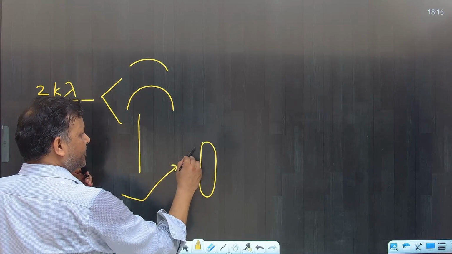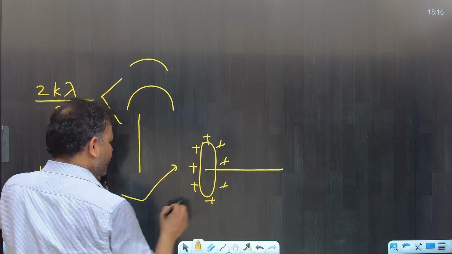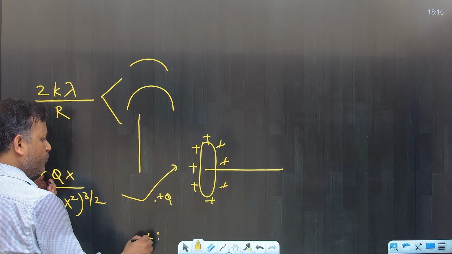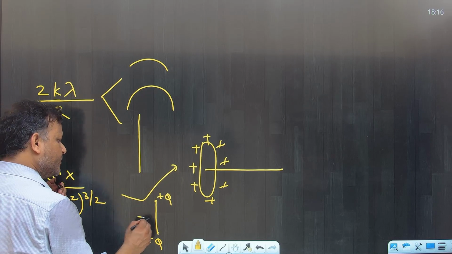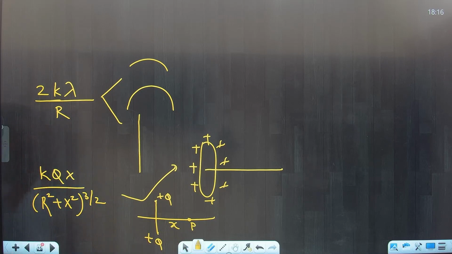One is this ring at its axis for the electric field, and another is two equal point charges plus q and plus q, where we have to find the electric field on the perpendicular bisector of them at point P. So you will get the same formula.